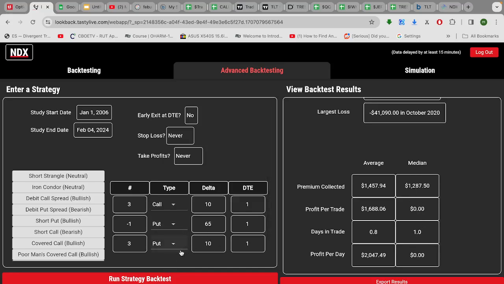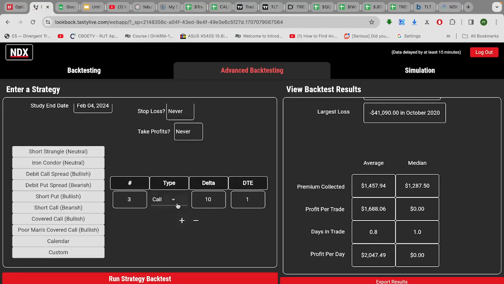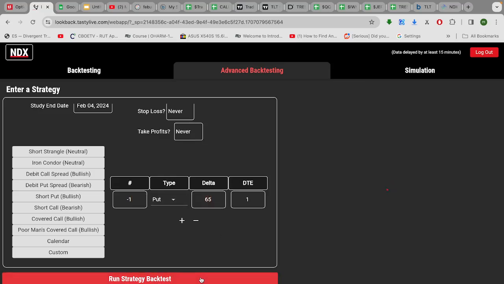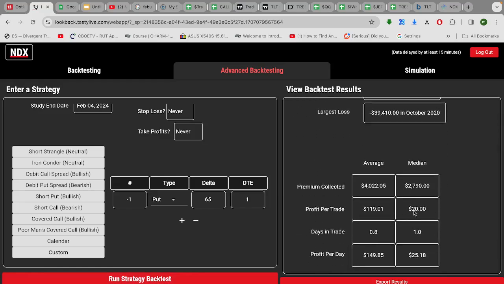Let's do this. Let's knock the options out there. All right, let's just do the put by itself to get a baseline. Yeah, and you have a higher median.